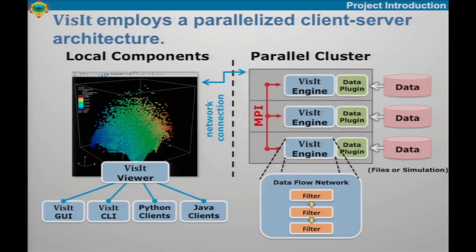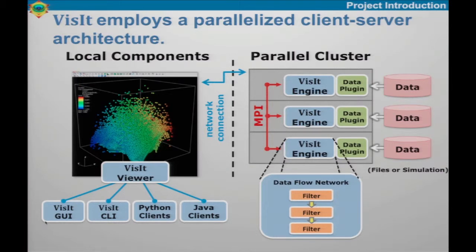Okay, so I mentioned before that we have this parallel server, but here's what the whole architecture looks like. The idea is it's client-server, and you fire up a client on your desktop, so you get all the interactivity in the user interface, and if the data set's small enough, you can do all the rendering locally on your desktop. And then on the server side, we're loading data in parallel, processing it in parallel, and then transferring the results from the server back to the client.